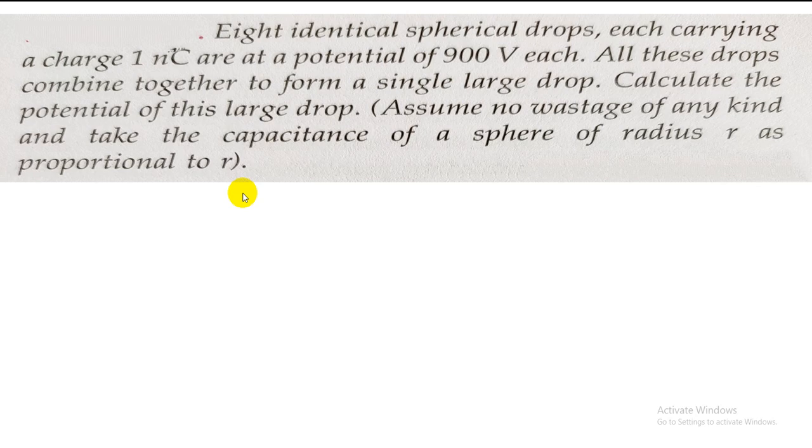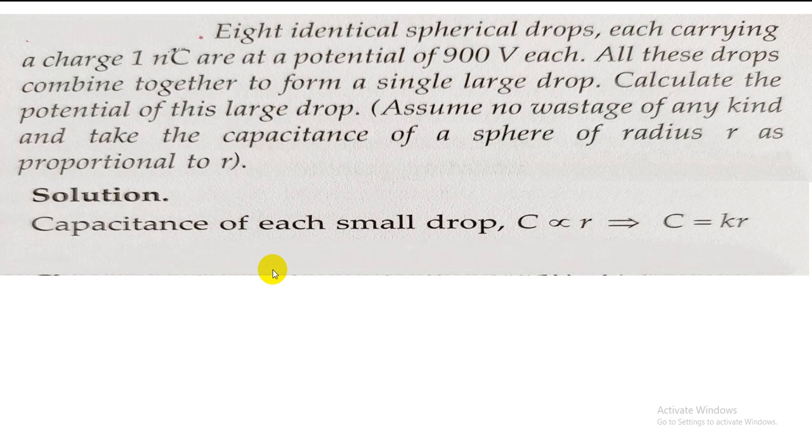You need to understand this. In the question it is given that 8 identical spherical drops combine together to form a bigger drop. The smaller drop has a potential of 900 volt each. So what will be the potential of the bigger drop? The charge of the smaller drop is also given to you.